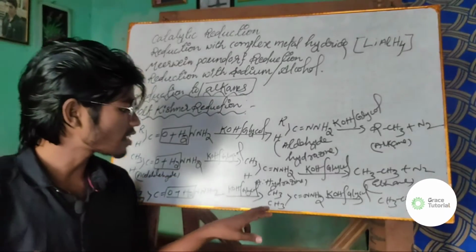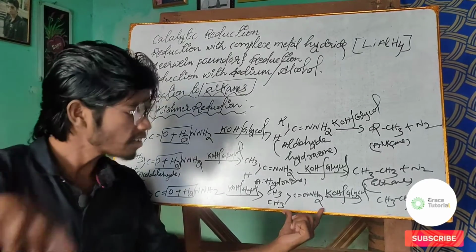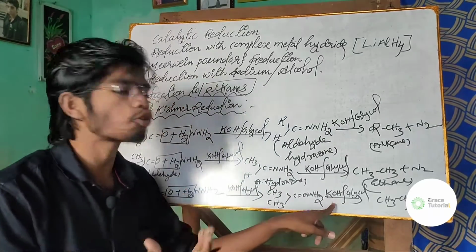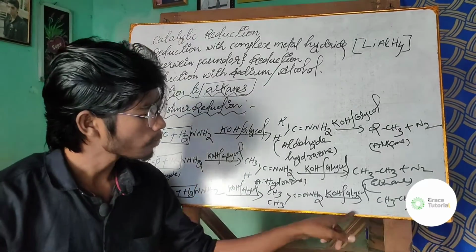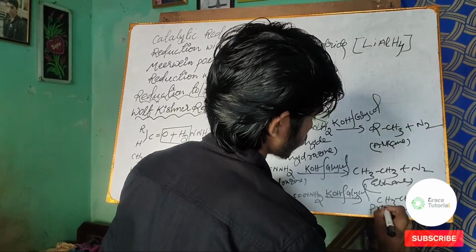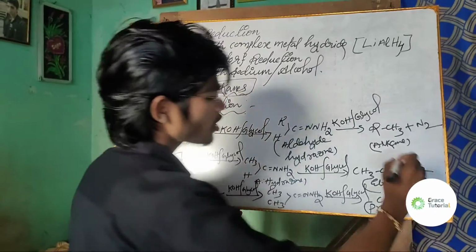Then the remaining substance is acetone hydrazone. If it is further treated with KOH, that means potassium hydroxide and glycol, then it gives propane, and finally nitrogen gas is obtained.